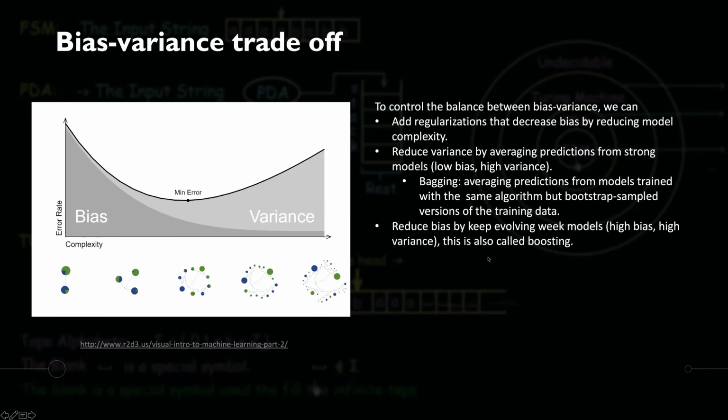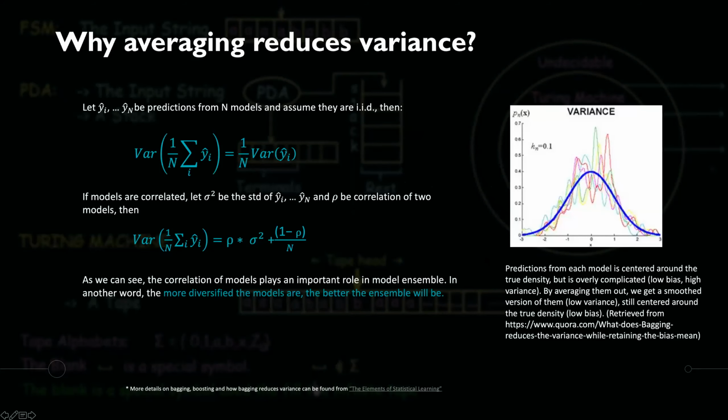Next, I would like to take a closer look, from a mathematical point of view, at why averaging the predictions from multiple models can effectively reduce the variance.